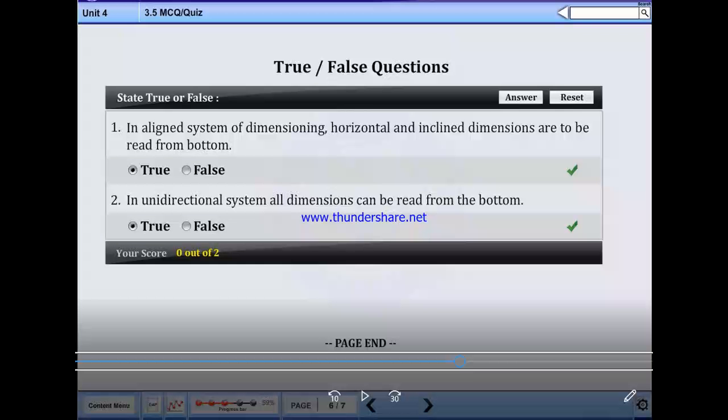That is true. And next, in the unidirectional system, all dimensions can be read from the bottom. Yes, it is also true. Please note down the questions.